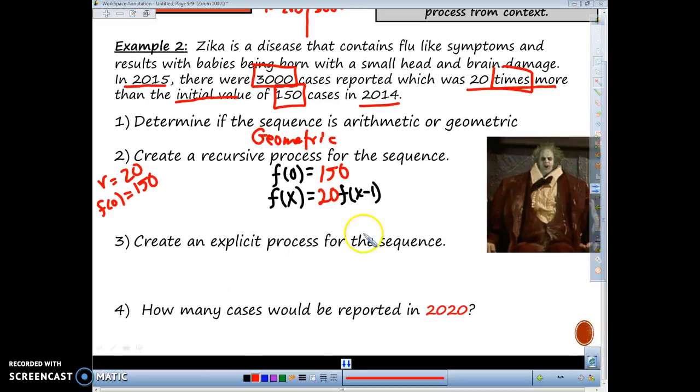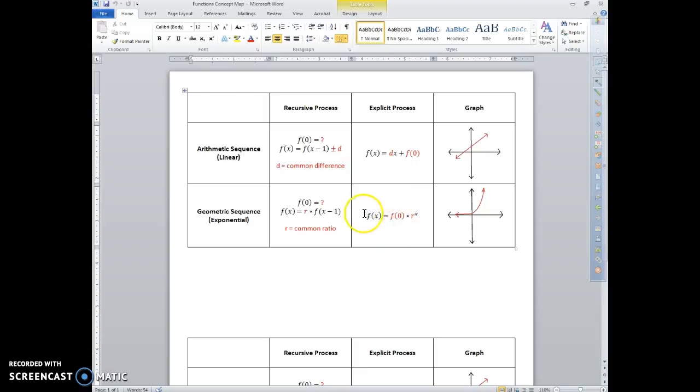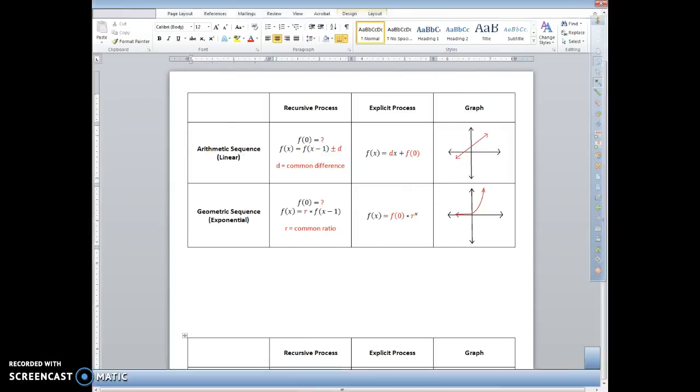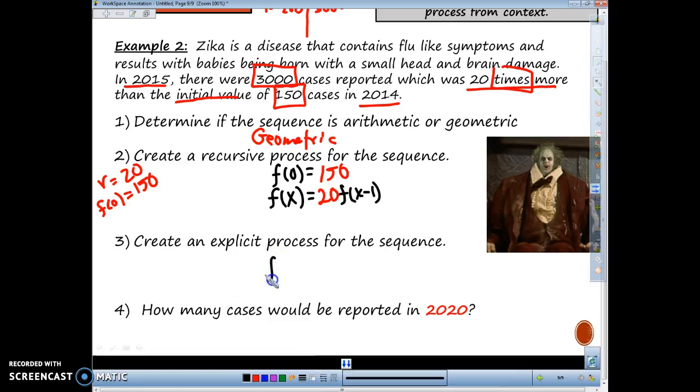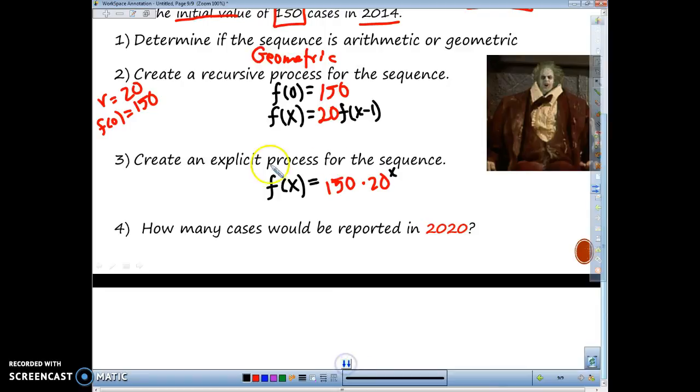Now I want to create my explicit process, and looking at my concept map, the explicit process is f of x equals f of 0 times r to the x power. So I have f of x is equal to f of 0, which is 150, times r, which is 20, to the x power. So that's my explicit process.